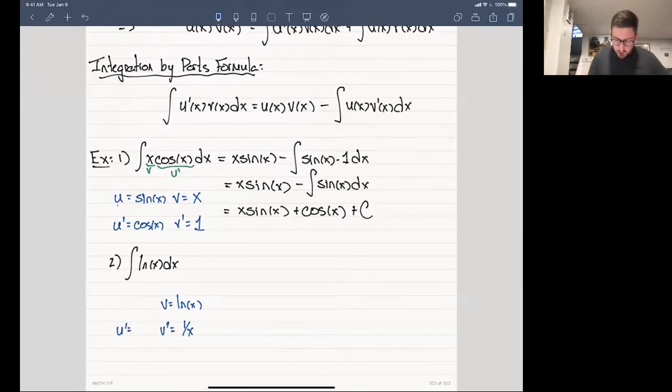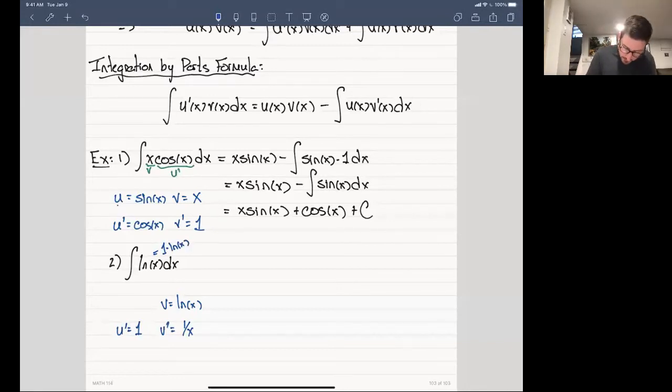But here's the issue. What else is left in there? Well, nothing really, except the number 1. 1 times anything is itself. So technically, you could view ln of x as 1 times ln of x.